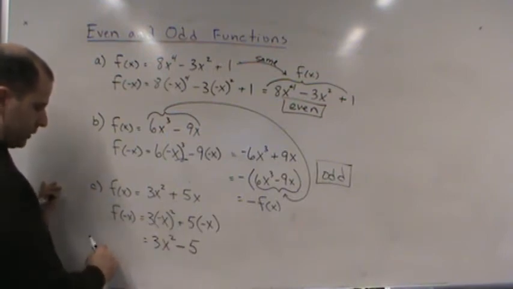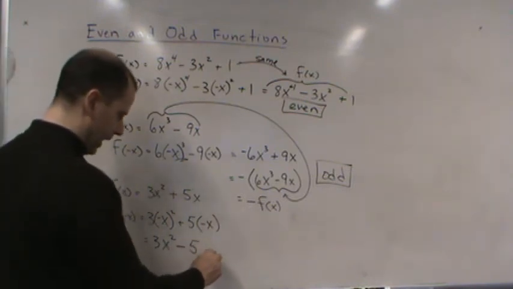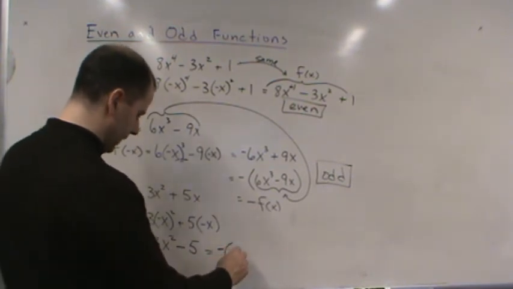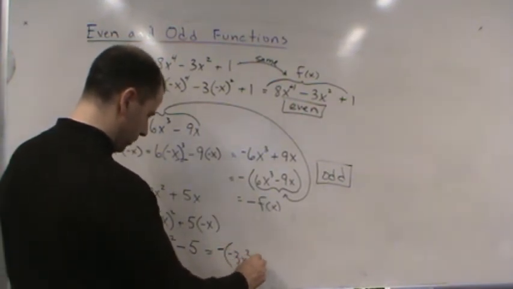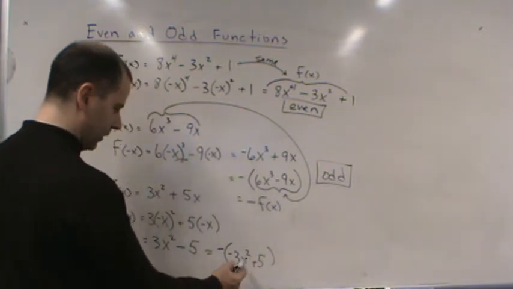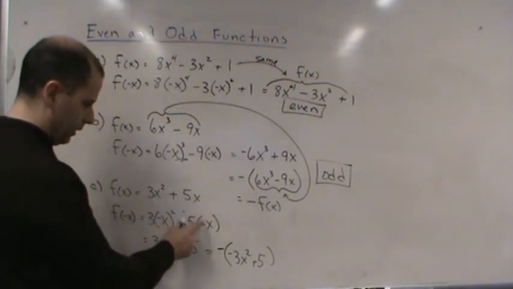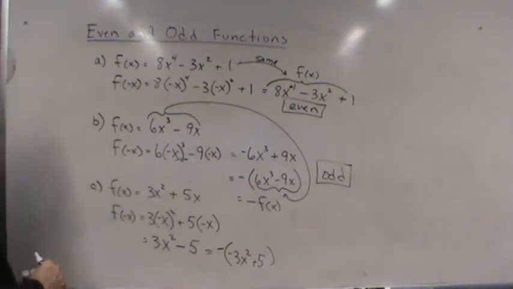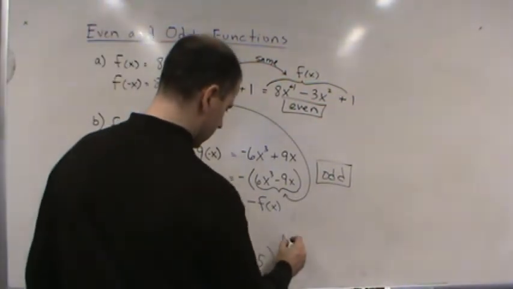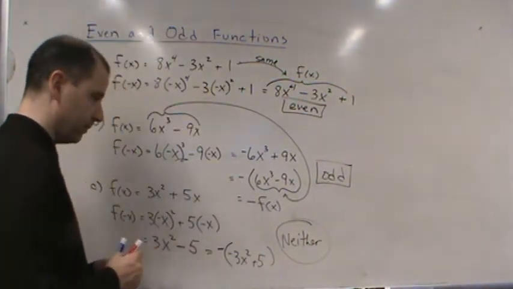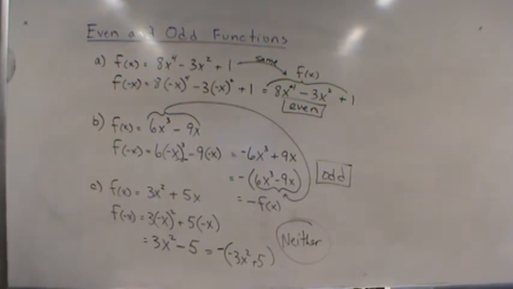So it's not even. Now, if I factor out a negative 1, I get negative, 3x squared plus 5x. Do I end up with the same thing in here? No, I don't. So it's not the opposite of f of x either. It doesn't match even or odd, so this would be neither, because I can't make it fit either one.